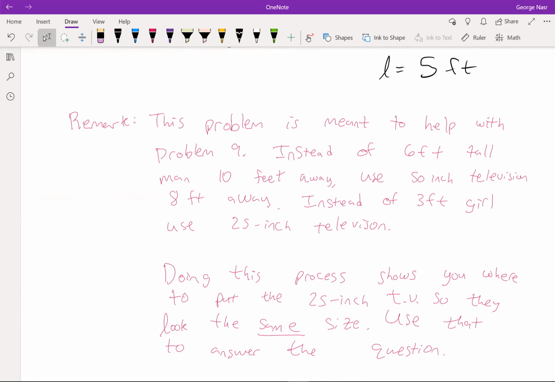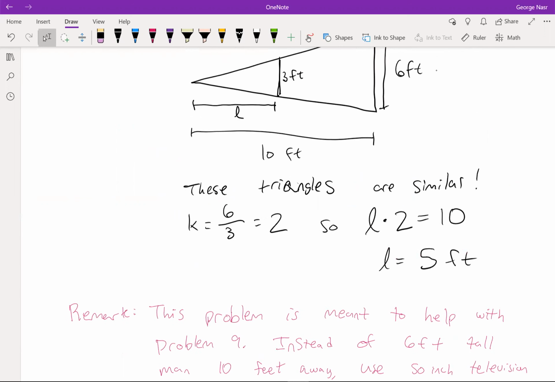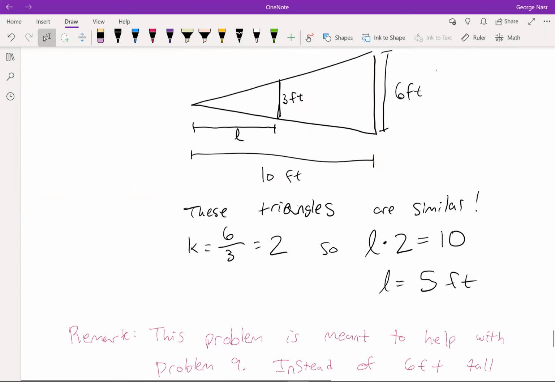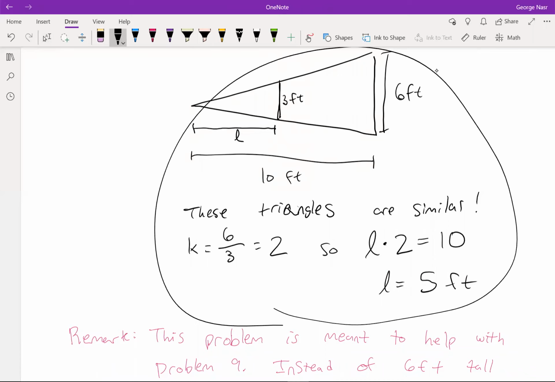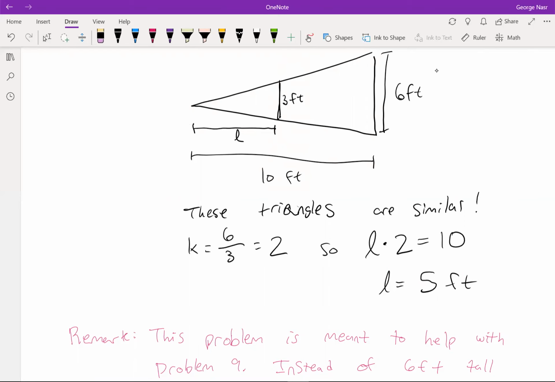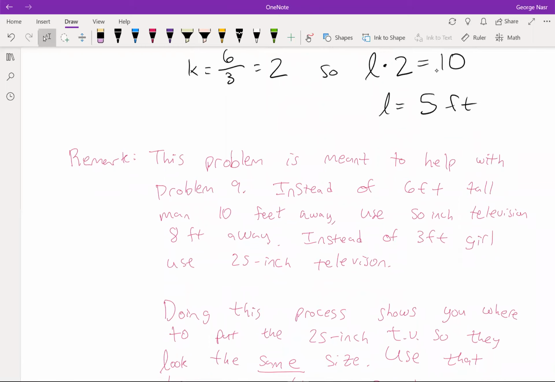But if you ignore those distances they give you in the problem, or maybe you keep the one with the 50-inch TV and then pretend you get to select where the 25-inch TV is, and you redo this process, this process will tell you where to put the 25-inch TV, where it needs to be in front of you, so that it looks like the same size as the big TV.